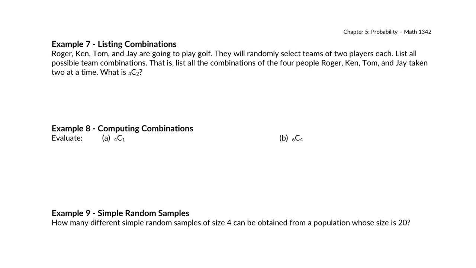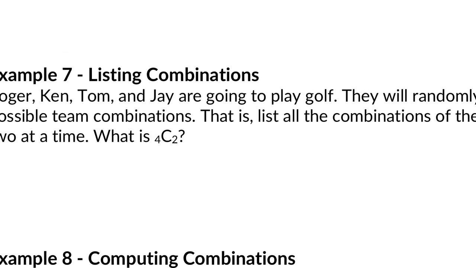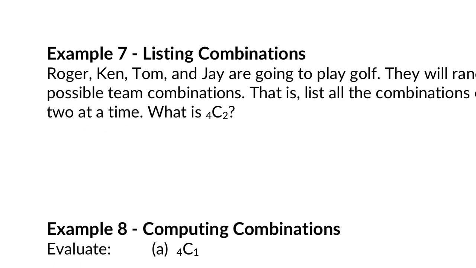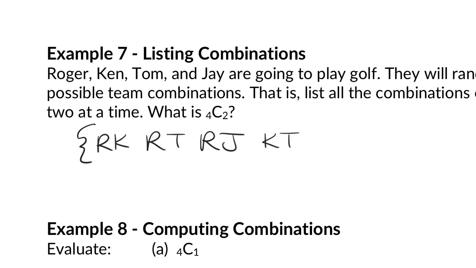So let's just first do this by hand because we're really trying to make sure we understand what's happening. If we have our sample space, we could choose Roger and Ken, or Roger and Tom, or Roger and Jay. Who else could I pick? How about Ken and Tom? Who else could go with Ken? Ken and Jay.